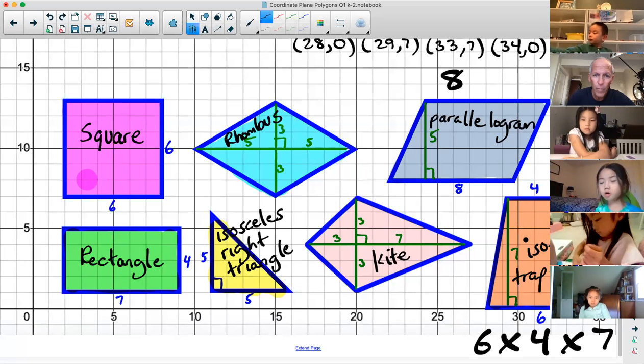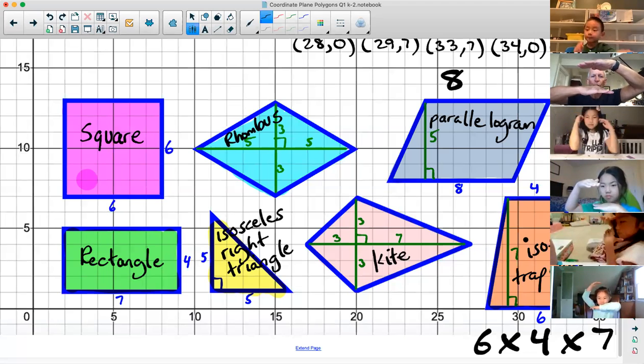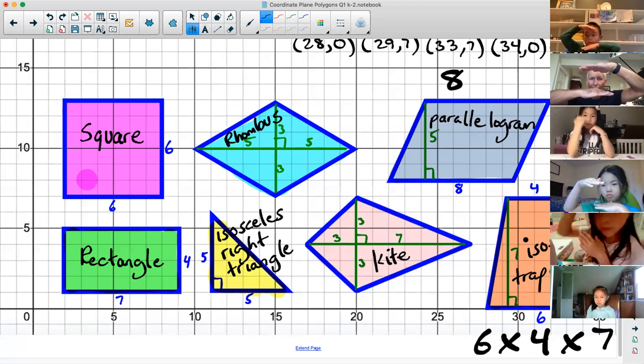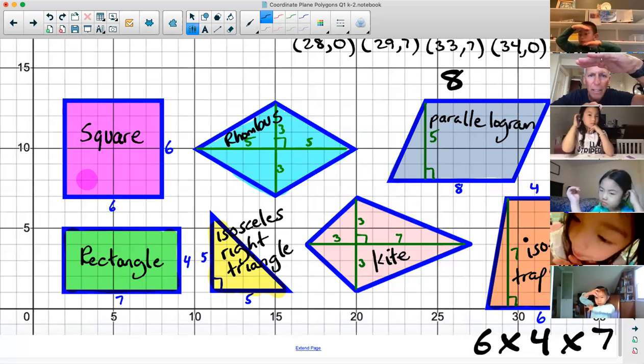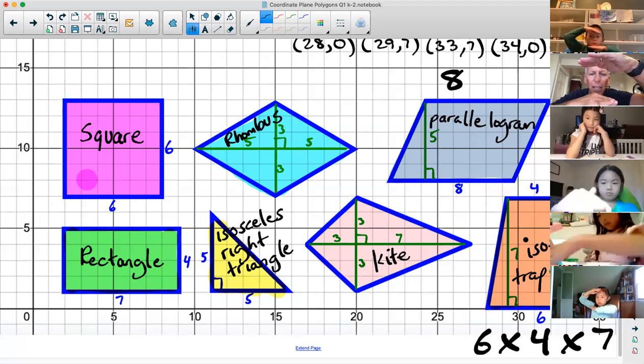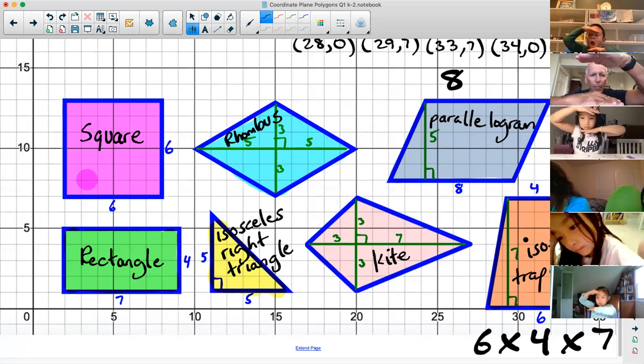On the bottom and on the top. Everybody go like this and say parallel. Now, Larry, you gotta pay attention, buddy. Put your hands like this and say parallel, and put your hands right on the two bases of the isosceles trapezoid, the 6 and the 4.